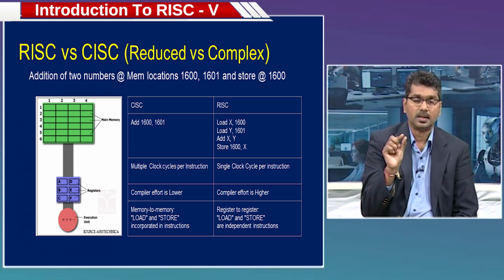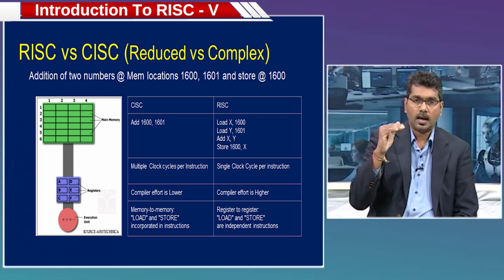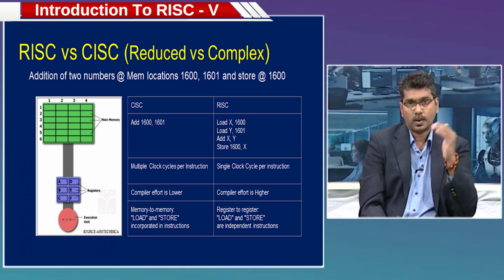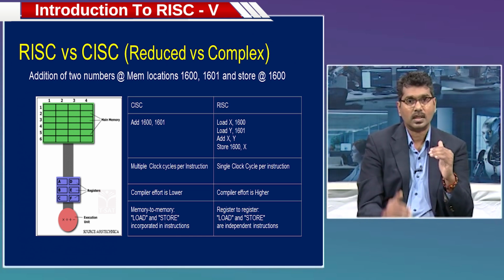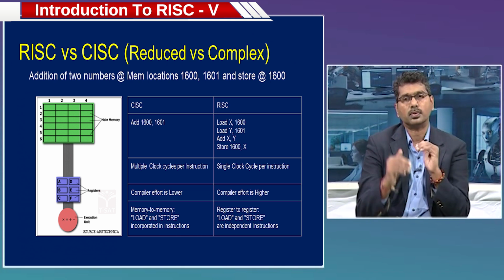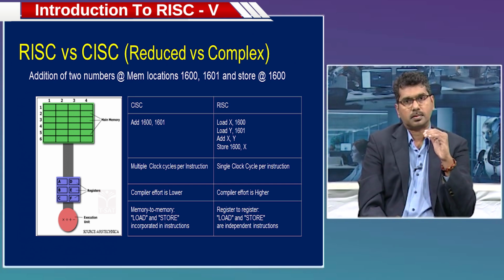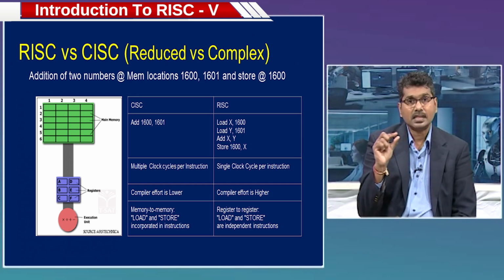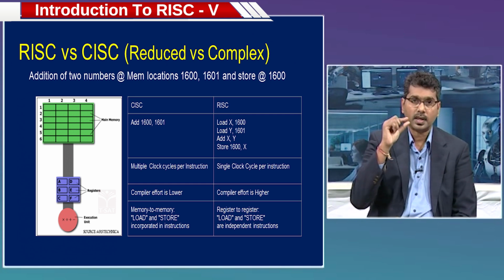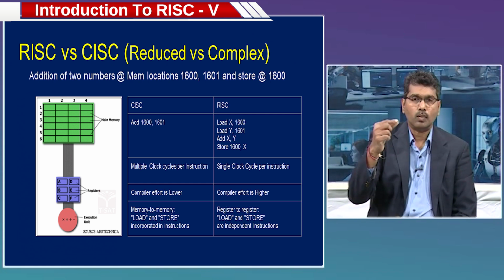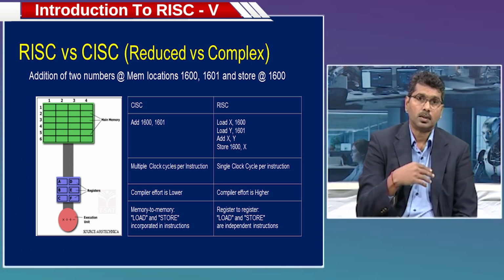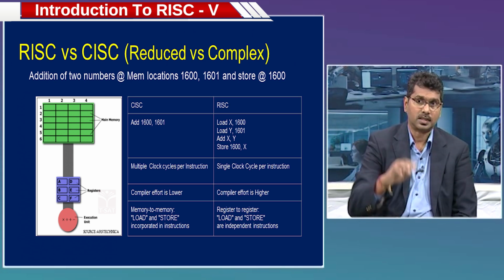That's a simplification, and you have to run these 4 instructions to accomplish what the CISC does in 1 instruction. So that's the fundamental difference: instructions are very loaded on the CISC side, but on the RISC side they are very simple, and each one takes only 1 cycle. Whatever you need to accomplish, you build from those. In this case, you want to add 2 numbers, so you need 4 instructions.